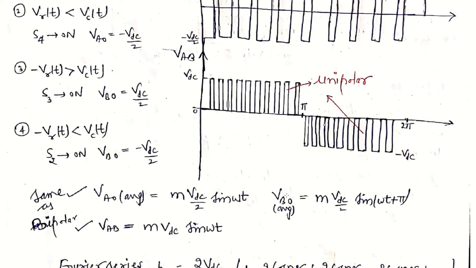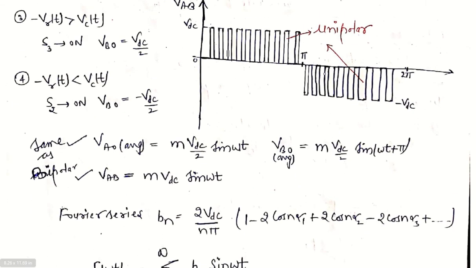VB naught is obtained if we shift the VA0 waveform by 180 degrees. And this VAB, the line to line voltage, can be obtained as the resultant of these two waveforms, which is M VDC into sine of omega t. All these equations are similar to the bipolar case.